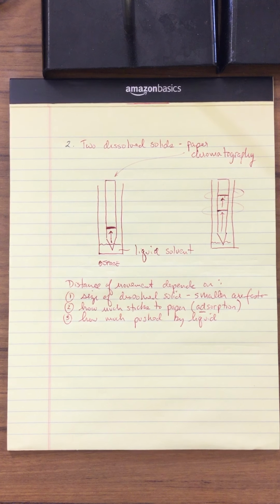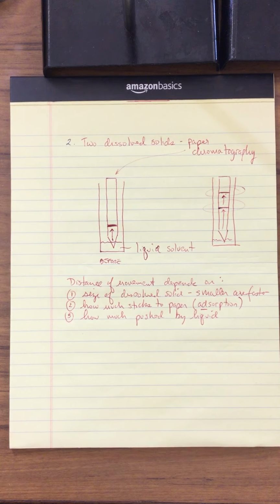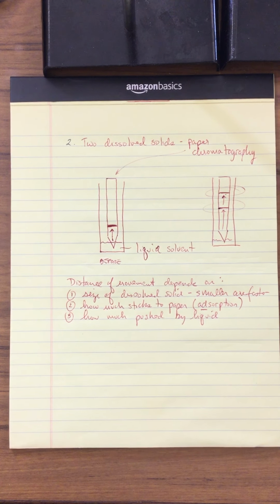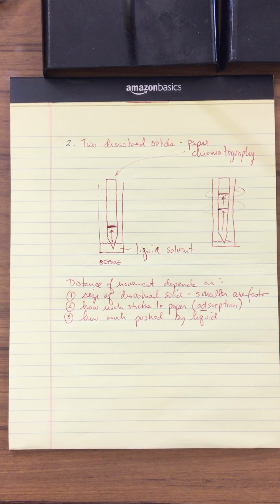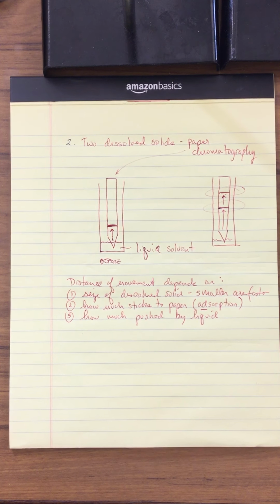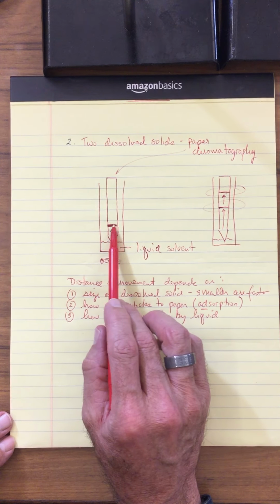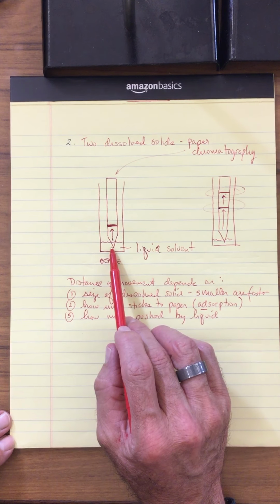So we'll have a lab on that to see this process of separating two dissolved solids. This is called paper chromatography because it was often used on plant pigments. Green plants don't just have one pigment, they actually have multiple pigments. And you can crush the pigments of a leaf into this filter paper, and you have your liquid solvent.